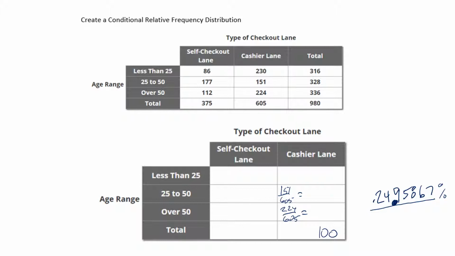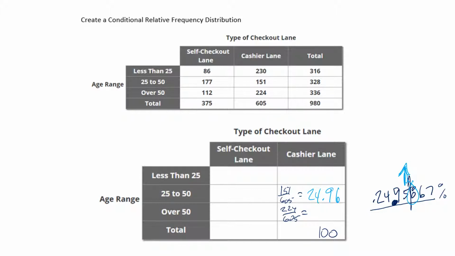I need to round it after the 5. Since the number after the 5 is 8, and that's 5 or more, I round up the hundredths value. So 24.96.